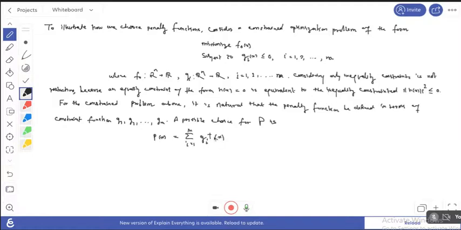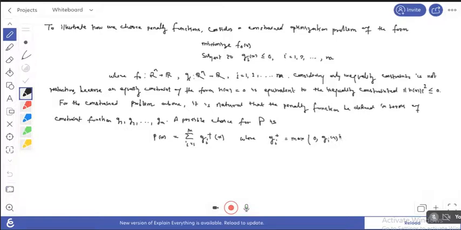So what is gi plus? For any function, gi plus is the maximum of either 0 or that gi function.